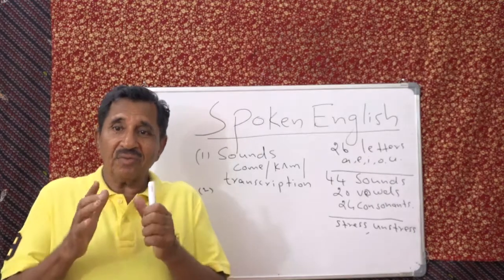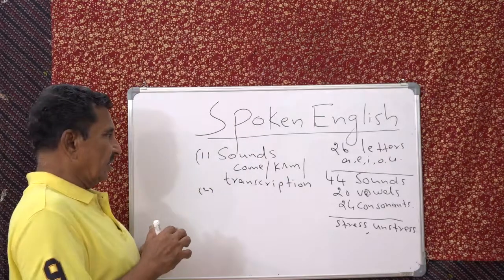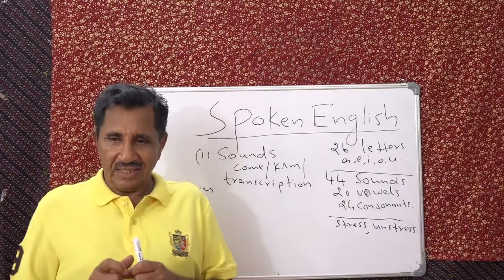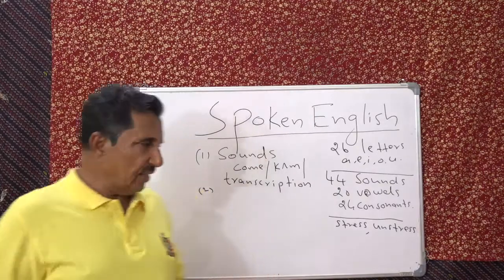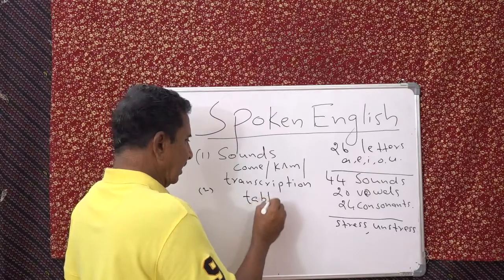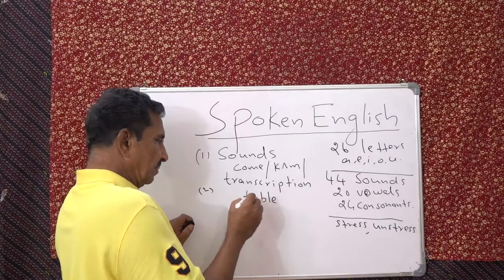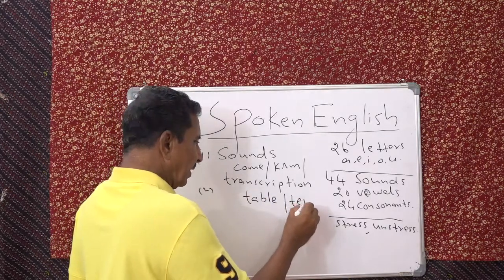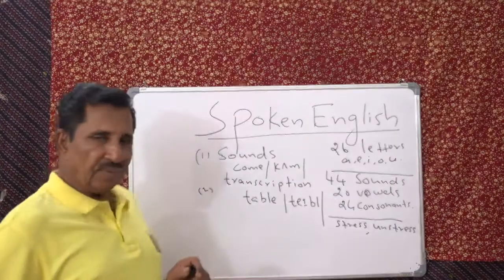So it starts with the word level. For example, see this, come. Or when you look up a dictionary for a word, you will find like this. First you will find the letters, table. Then you will find the pronunciation, table.